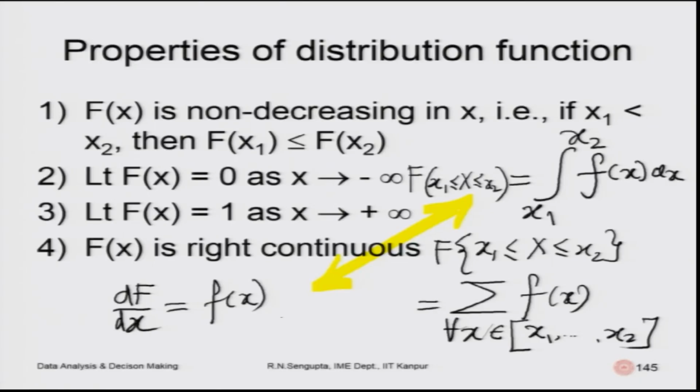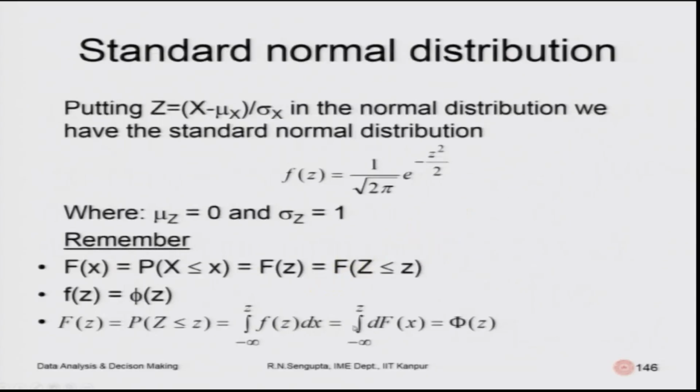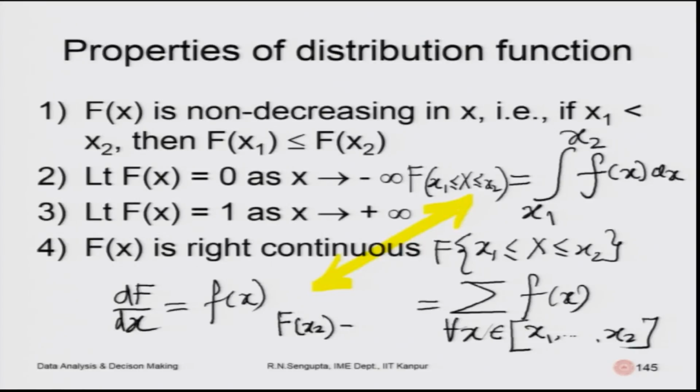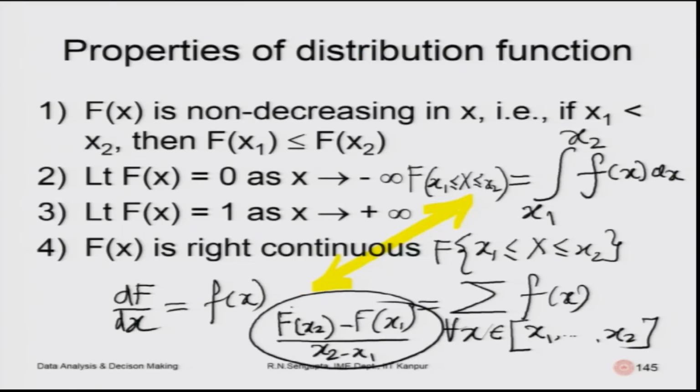Or else, in the discrete case, it would be F of x 2 at x minus F of x 1 divided by x 2 minus x 1. So, this will give me the PMF value at that point when it changes from x 1 to x 2.